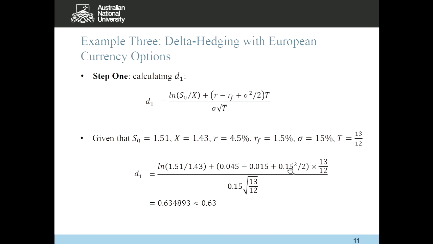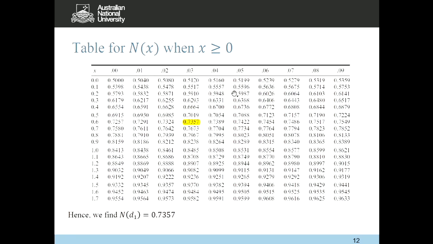The volatility is 15%, that's squared, and time to maturity is 13/12. Then we work out our d1 is 0.63. So we go to our table, we find the corresponding N(d1) is 0.73557.